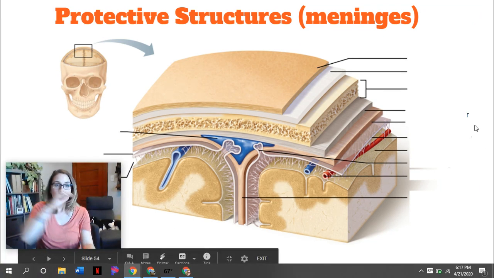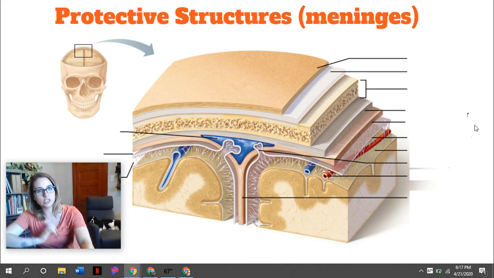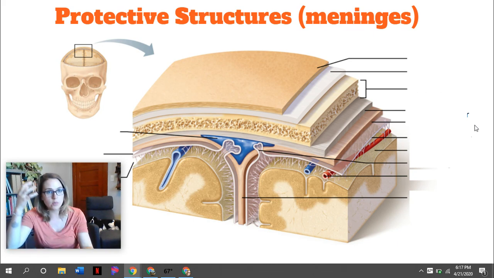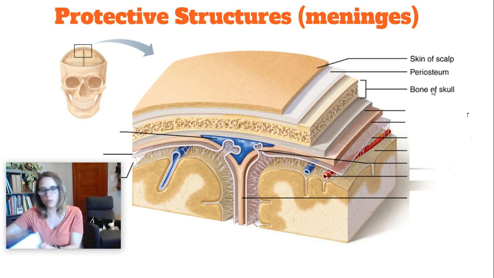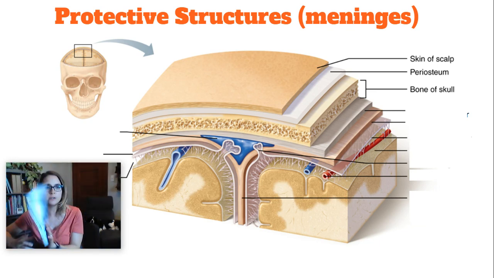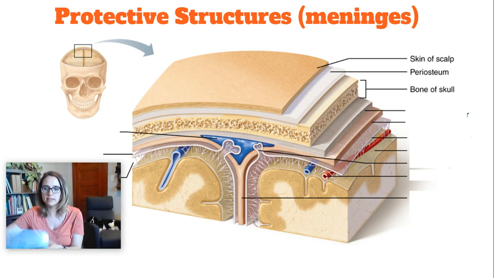Okay. So on a totally different note, we're still talking the brain here, but your brain needs to be protected. And there's lots of things that protect it, okay? We've got our skin and our scalp, which is actually our first 3 lines here. By the way, we are on page 5, so just flip over from where you were. We're going to label these guys. So we have protective structures, okay?